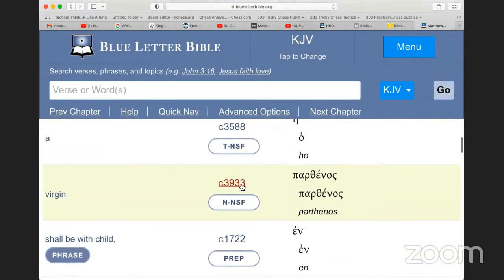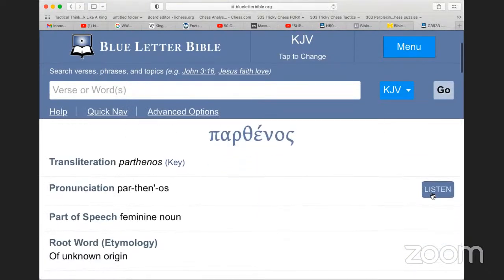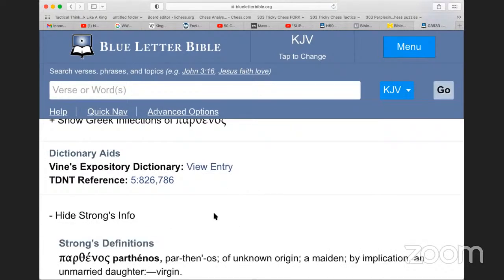Parthenos, right here. Click it. Strong's G3933. Parthenos. Okay, cool.